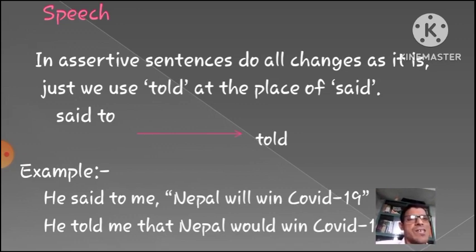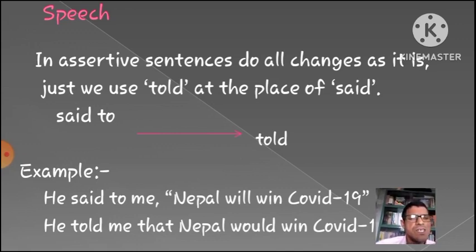If the sentence is an assertive sentence, then in the reporting speech, if said to is there, then said to can be changed into told, dear student. Again, I would like to remind you about this thing: if in the reporting speech said to is there, then said to can be changed into told.